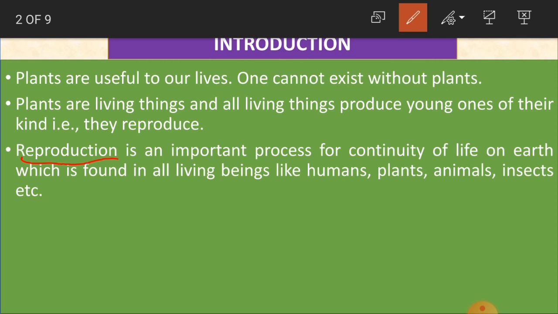Same like a human being gives birth to another human being, an animal gives birth to another animal. So one after the other, these living things continue their life on the earth. And this is how life circulates, just like a cycle, one after the other. So we have the continuity of life on the earth.